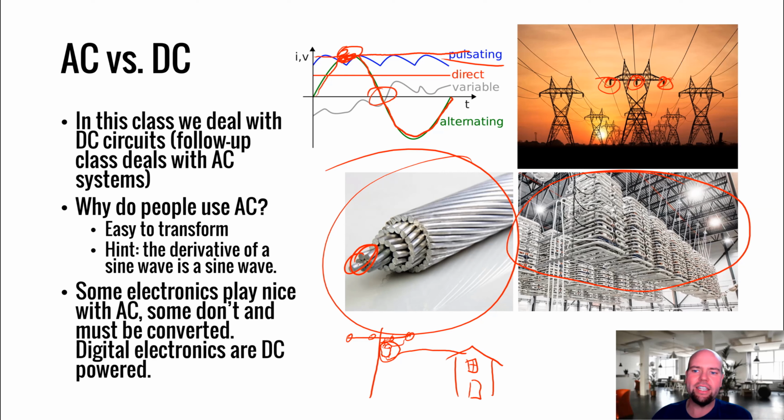So the steel is there to support the aluminum. The steel takes all the stresses and strains as these things wiggle in the wind and dangle there, separated by half a kilometer of distance between these towers. So it's braided aluminum wrapped around a steel core for support that these are typically made out of.